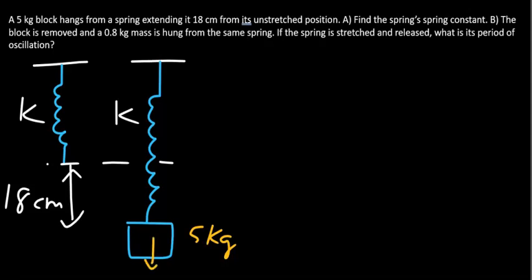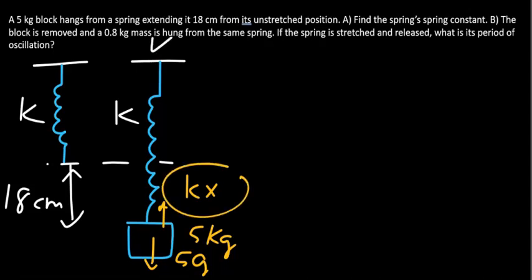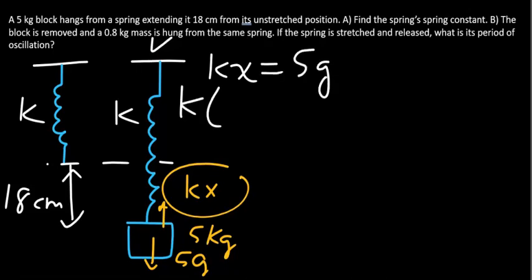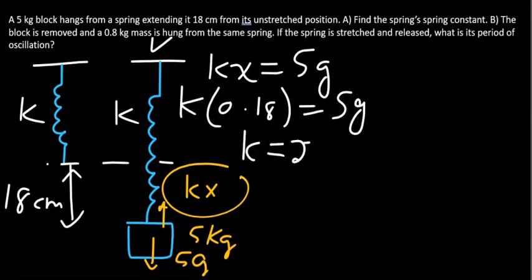So you have this weight, 5 times gravity, and then you have this spring force like that, which is given by kx. Because this system is in equilibrium, k times the stretch equals 5 times gravity. So k times the stretch, 18 cm, convert that into meter, 0.18 meter, equals 5 times gravity. And you can get the spring constant, which is 272 Newton per meter. So that is the answer for part A.